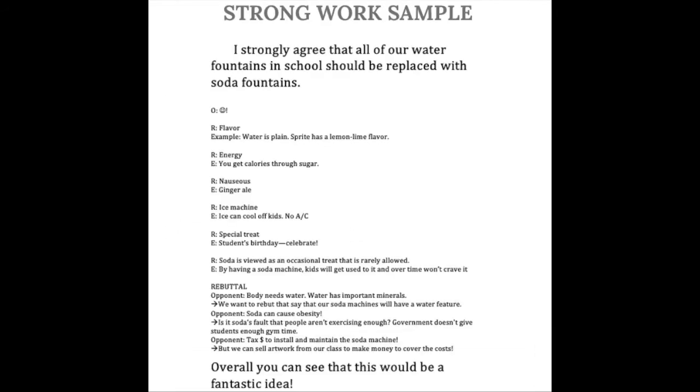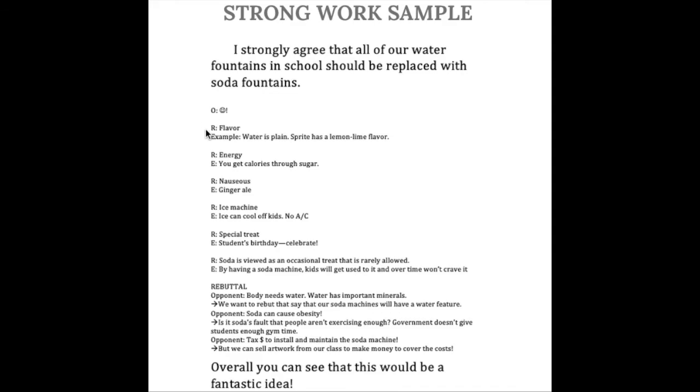The following strong work sample shows how significant planning carries over into a strong, persuasive paragraph. Within this planning portion of the graphic organizer, a student has stated that they strongly agree with an assigned topic.